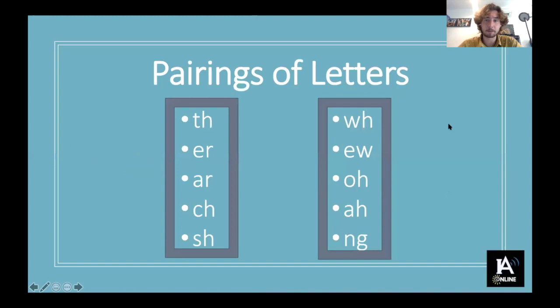Now here's some necessary pairings of letters. They all make a very specific sound, and within the exercises, we will be using a lot of these, and a combination of a lot of these. And so we'll start off with TH. There's actually a very, very small difference between some words like the, for example, and thanks.